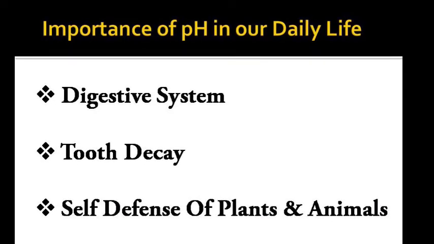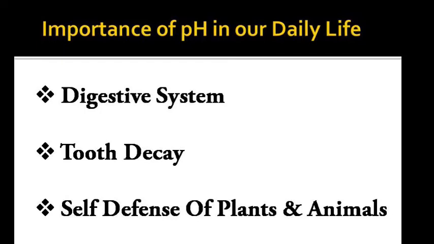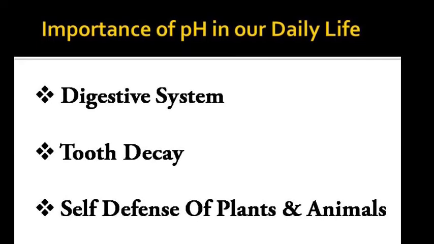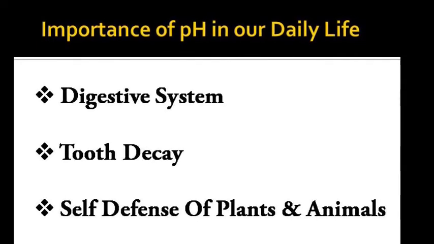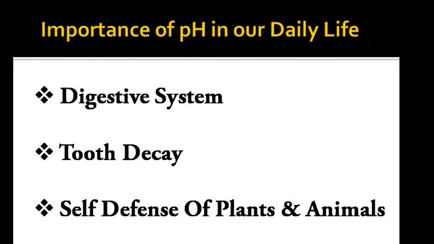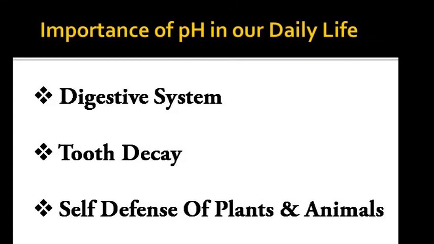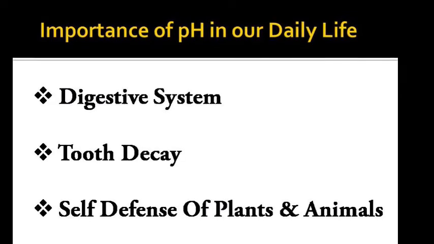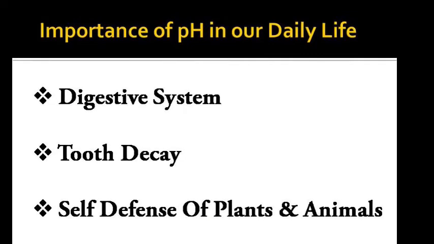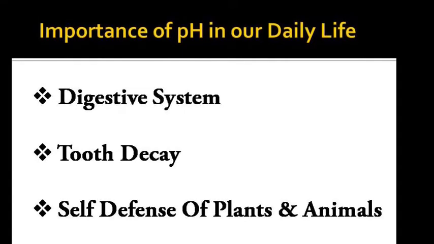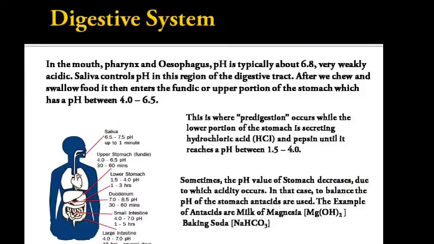So we have taken out 3 important applications which are taking place in our daily life. Let us understand these 3 points in detail. The first one is digestive system. The second point is tooth decay. And the third point is self-defense of plants and animals.